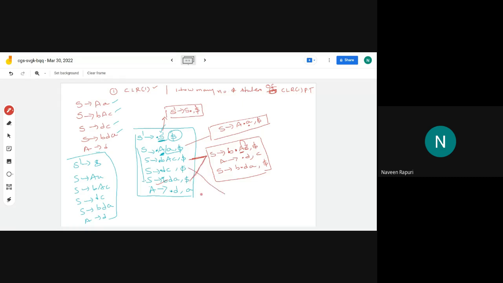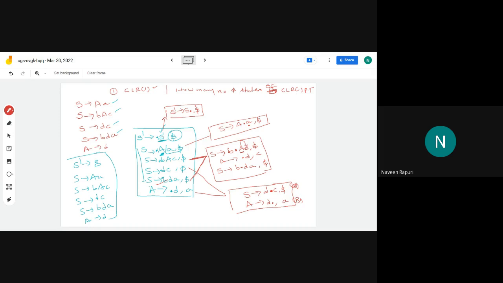By taking these two, if we write S derives D dot C comma dollar, and A derives D dot comma A. Here, if you see, it is shift and it is reduce.